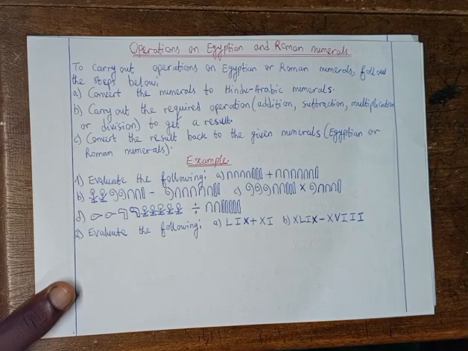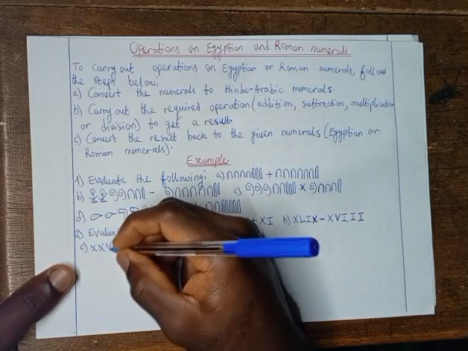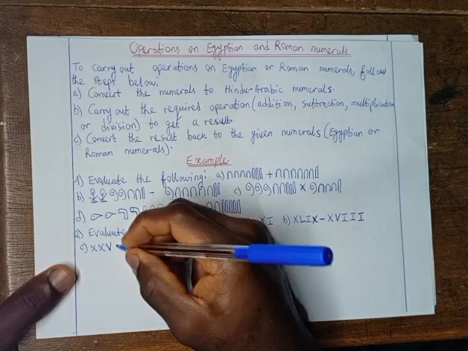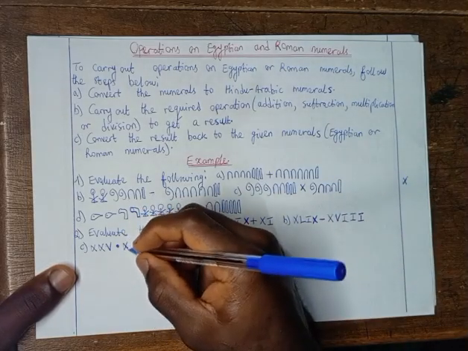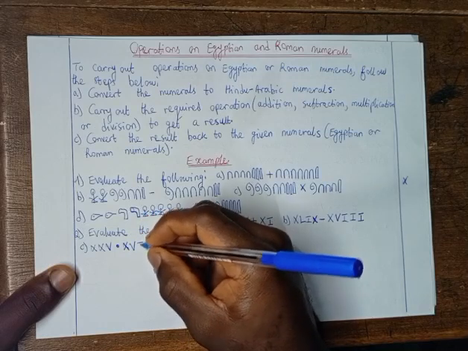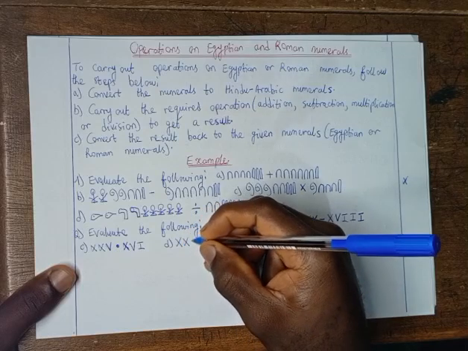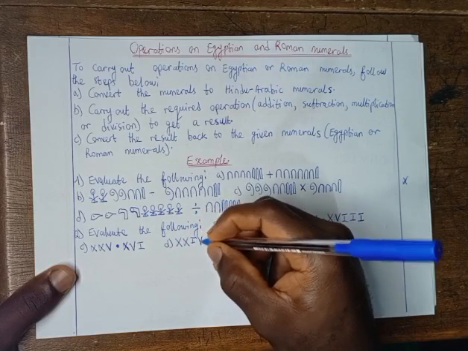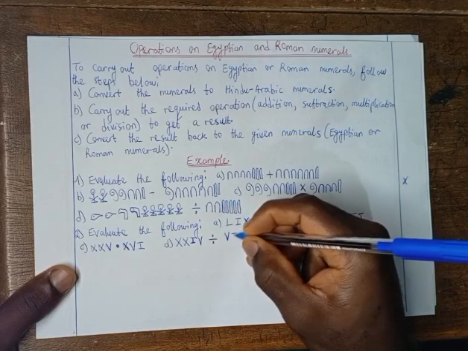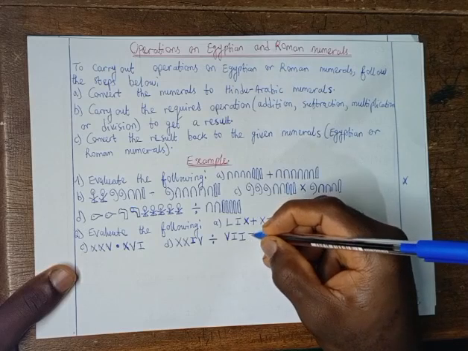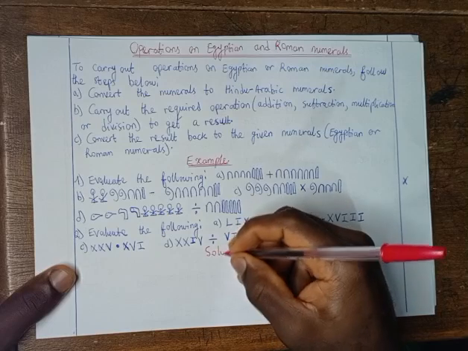Next, we have CXXV. I'll use a dot here for multiplication, because if I use an X, you might end up thinking that it is a 10, times XVI. D, we have XXIV divided by VIII. These are the examples. We take now the solution.